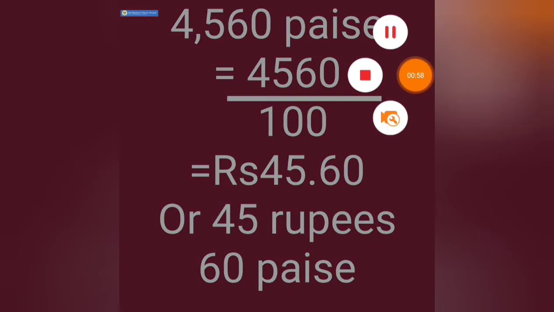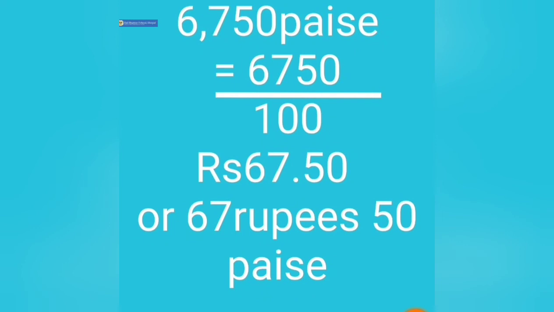Similarly, in this question, we are going to convert 6750 paise into rupees. Again we are going to divide it with 100 and we are going to shift the digits given at the right hand side, counting the number of zeros as 2 and number of digits where we need to insert a decimal point.